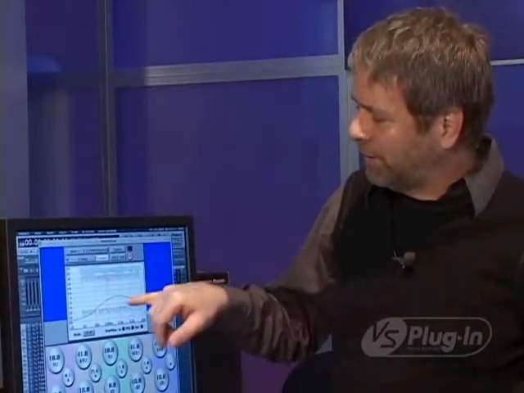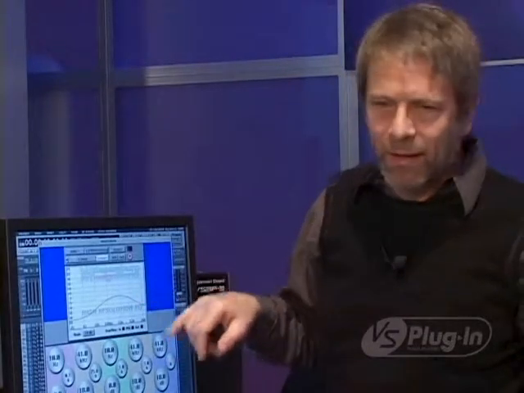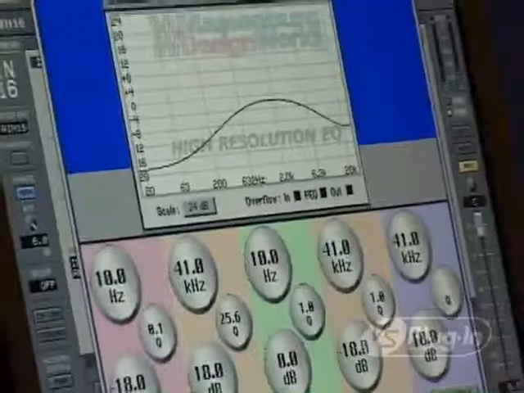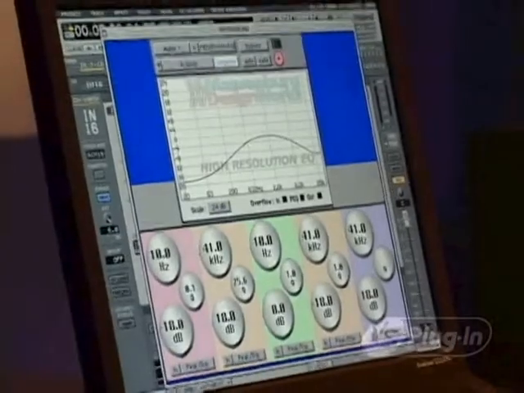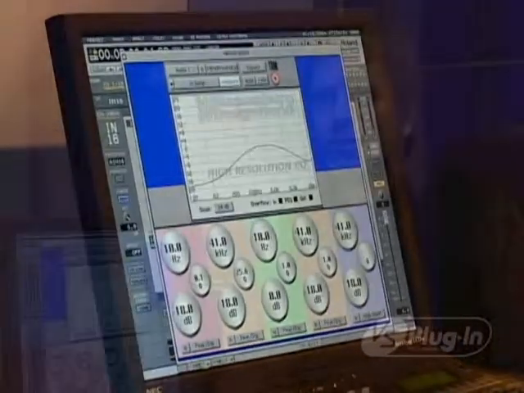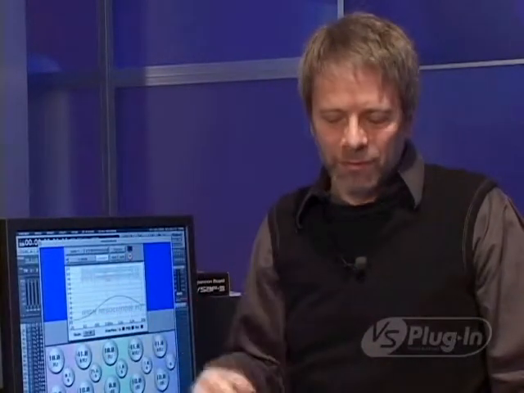This gives us a tremendously clean and flat response at the high end of the spectrum, particularly for shelves that go out to what we call the air region, the 15 kilohertz to 18 kilohertz, 20 kilohertz region of voices and drums, the air region, the sweetness and the texture of music.